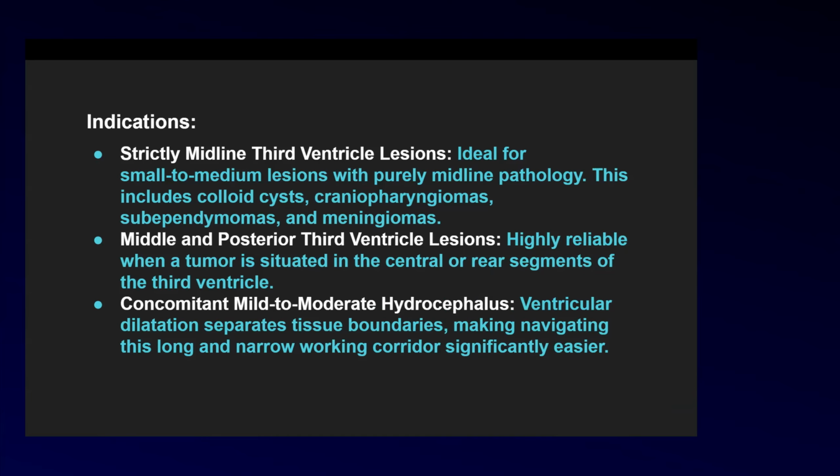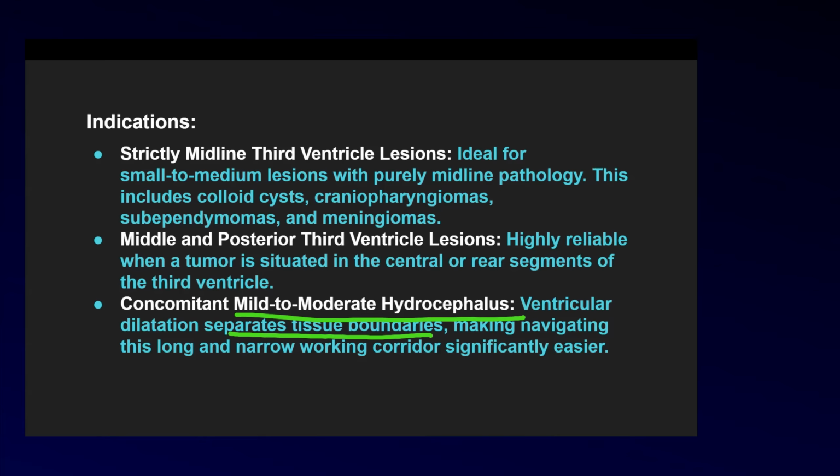Yes. Okay. Think of it as a balloon. If there's water in the balloon, the wall is going to be expanded, and then it's going to be a lot easier to open and to separate very delicate tissue boundaries, which will not be as visible if there is no hydrocephalus. So if there is mild to moderate hydrocephalus, you can consider going anterior interhemispheric, transcallosal, and then transchoroidal approach for the third ventricle.